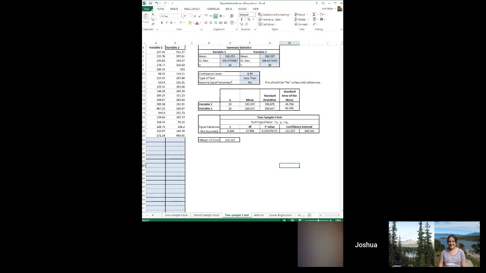Would the standard deviation be 208? I was really quiet, sorry, I missed that. Would the standard deviation be 208? 208.875. Mm-hmm. It's actually going to be 206.637, because the standard deviation for variable 1 is the Idaho offices, and the question is asking for the standard deviation for Rexburg, which is variable 2.